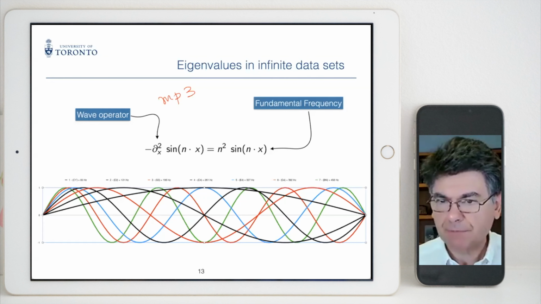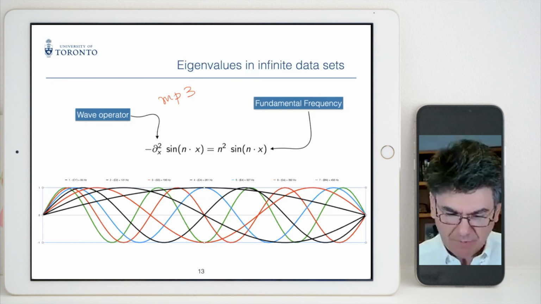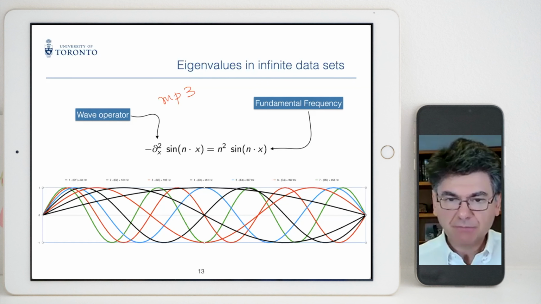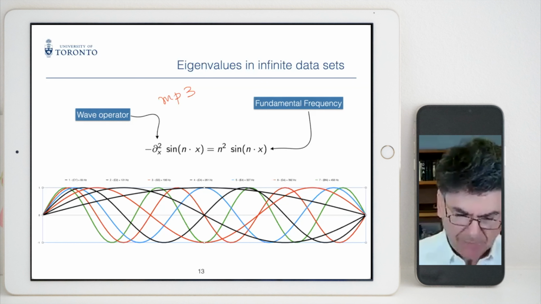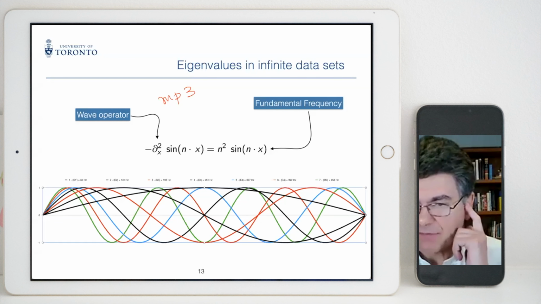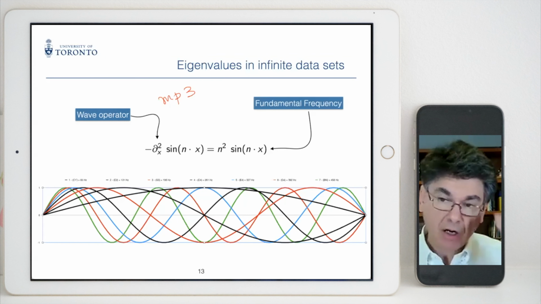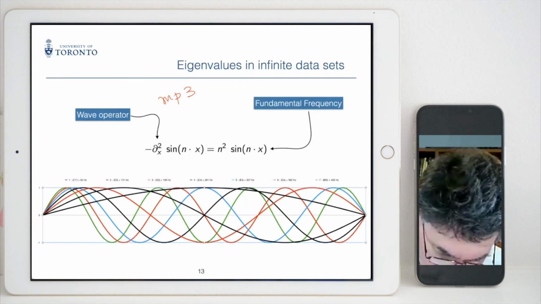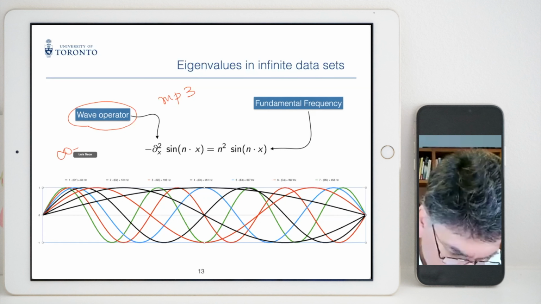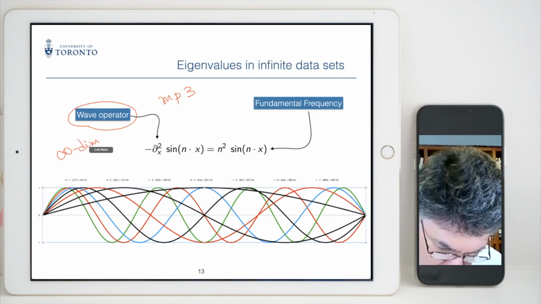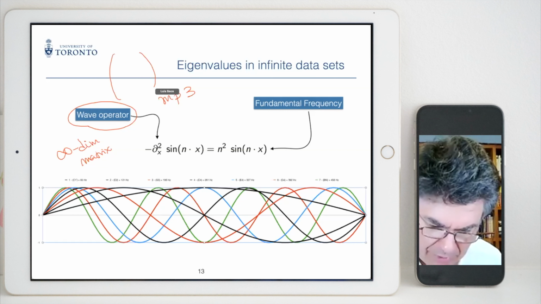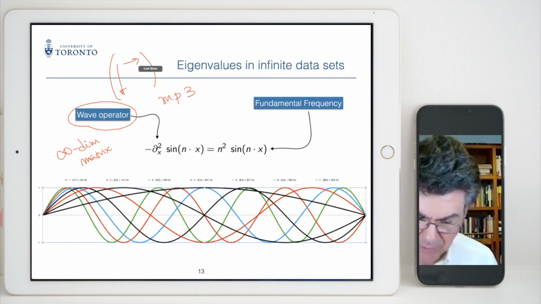Very relevant. So let me mention then an analogy, which is we have seen eigenvalues and eigenvectors for matrices, but there are other, infinite dimensional matrices. This is an operator, it's an infinite dimensional matrix. Think of it like a matrix with infinitely many rows and columns, okay? And it's the second derivative. It's called the wave operator.